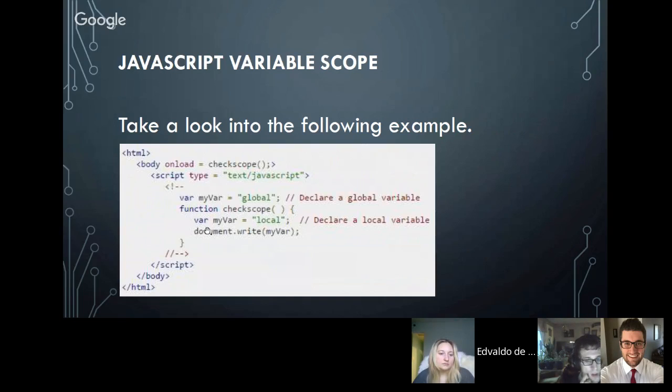Inside it, my var equals local, and I declare again a local variable. If I want to see this variable written on the screen, I write document.write(myVar). And we see global or local on the screen when I run this HTML code.